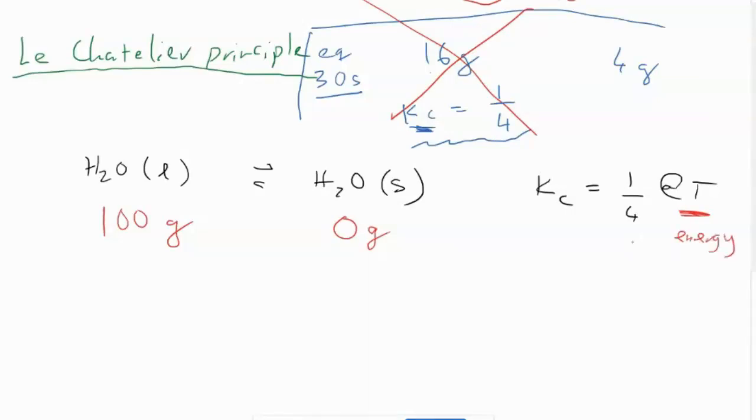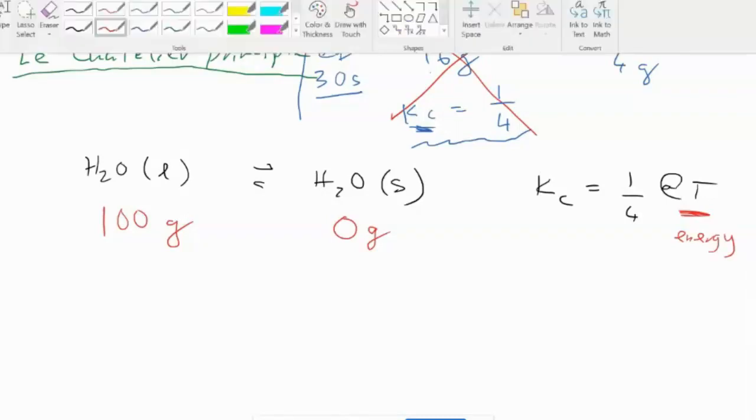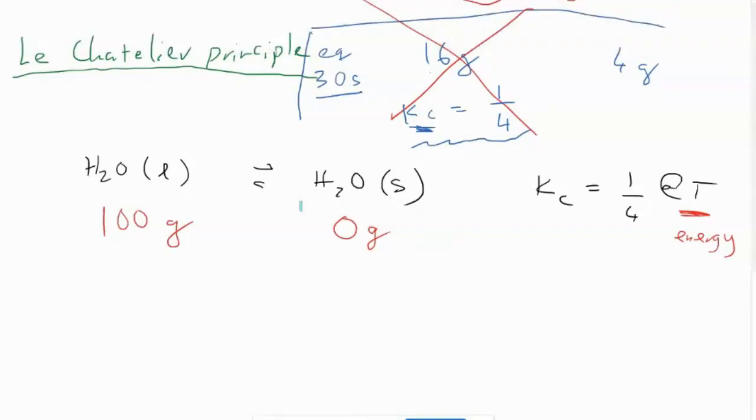Well, which way is the equilibrium going to shift? Well, obviously, that's not 1/4. You just added a bunch of this, right? So this guy is really strong. It's pushing that way. So equilibrium is shifting right.